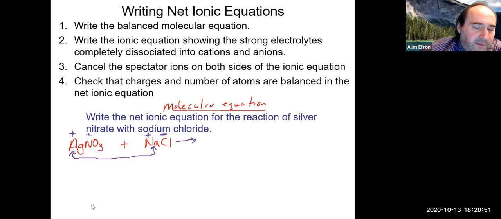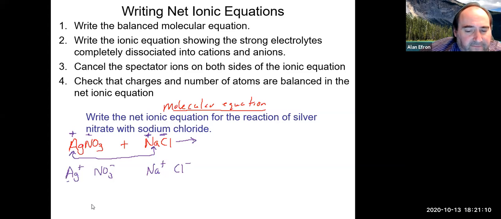And what that means when you think about something like silver nitrate, it really is a silver ion that makes it up and a nitrate ion that makes it up. That has a +1 and -1. And when you think of sodium chloride, it really is a sodium ion that makes it up and a chloride ion. So what we're going to do is take the silver and the chloride and put it together properly.